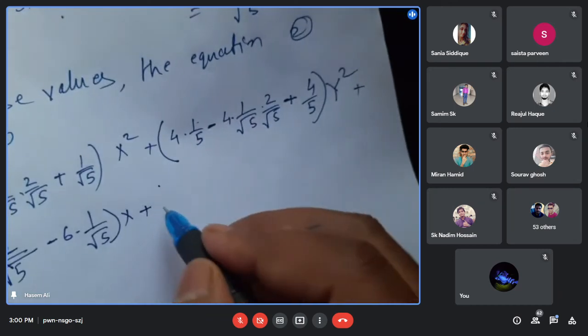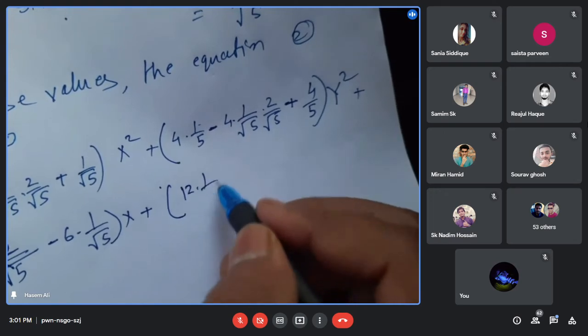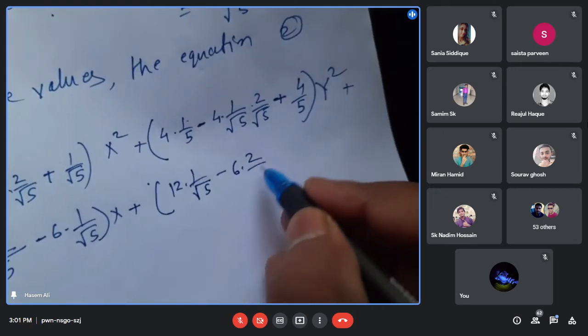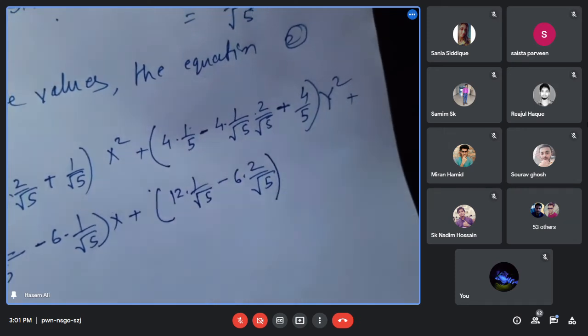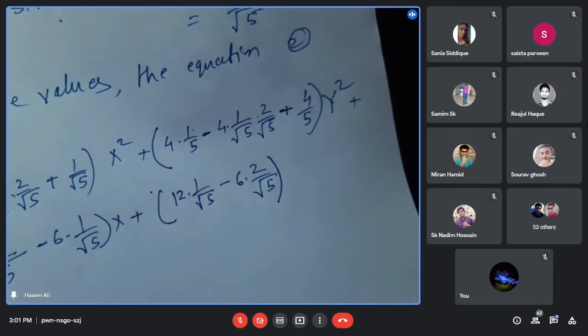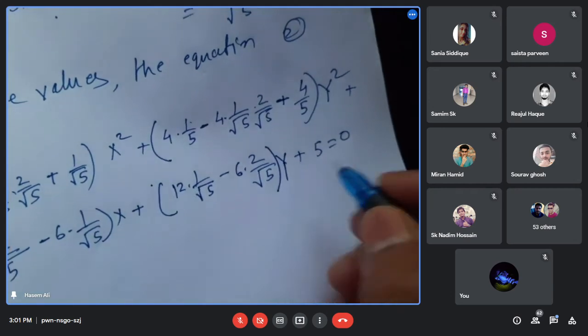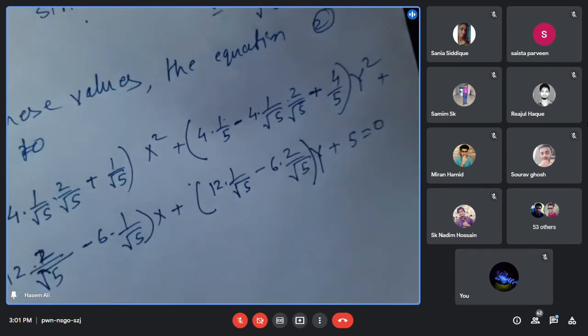Plus 12 sin theta minus 6 cos theta, that is 12 into 1 by root 5 minus 6 into 2 by root 5, into y. Plus 5 equals to 0.